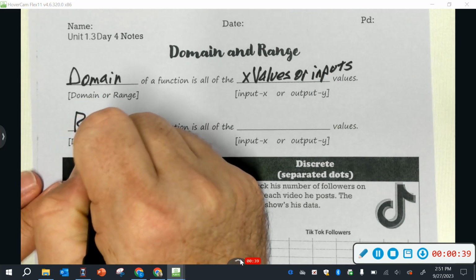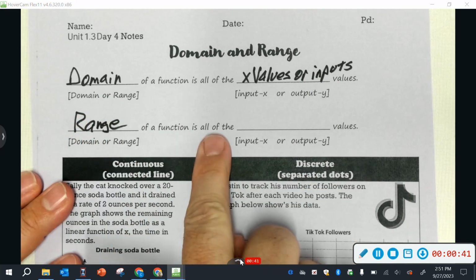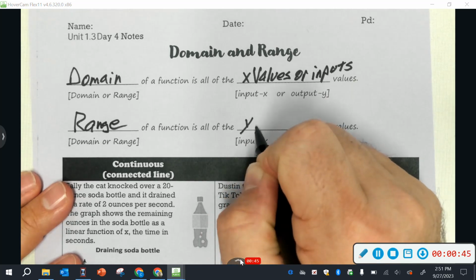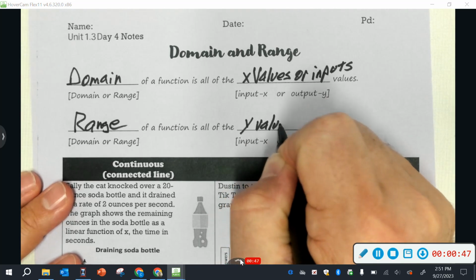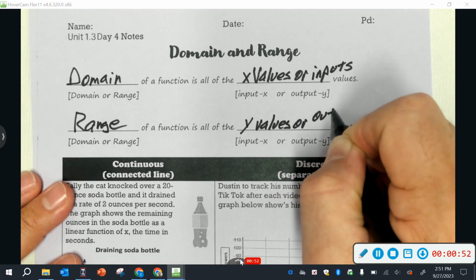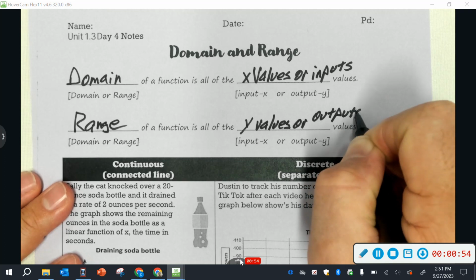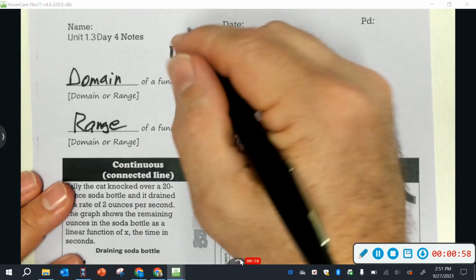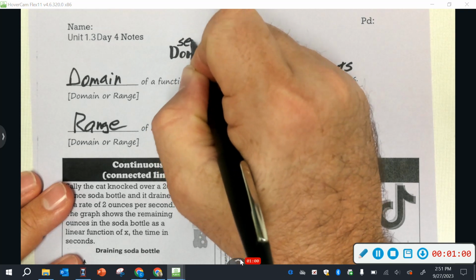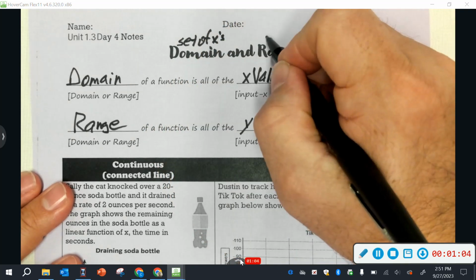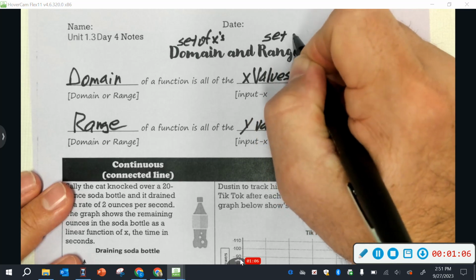Range of a function is all of the y values or outputs. Okay, now another way to think about it is domain is your set of x's, and then range is your set of y's.